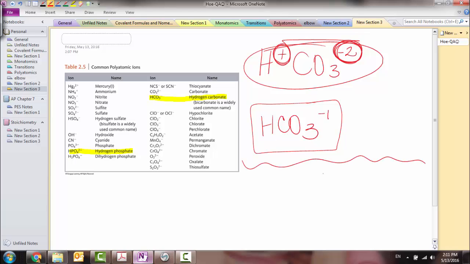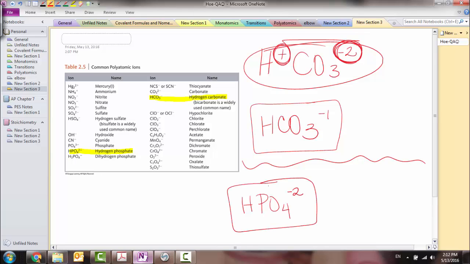So the other example that we see is hydrogen phosphate. So we take our regular phosphate, which is PO4 minus 3, okay? We're going to add on a hydrogen, and the charge changes from -3 to -2. So that's our hydrogen phosphate. And one more that you might see, it looks kind of similar, is dihydrogen phosphate.